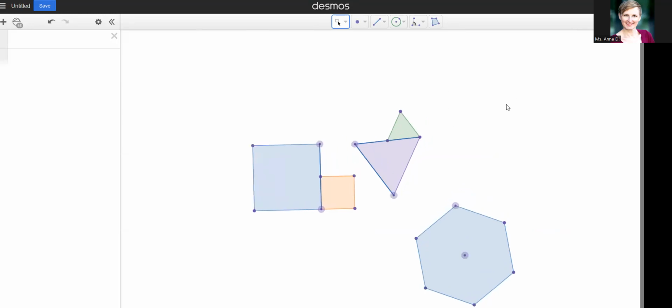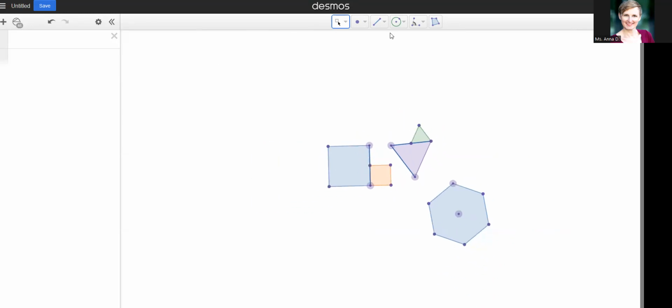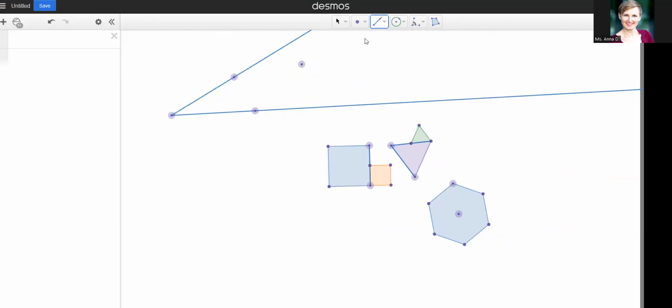For tangent circles, we need the concept of angle bisect. For that reason, I use two rays. And angle bisect is a ray that cuts it in half, but I cannot place it anywhere I want.